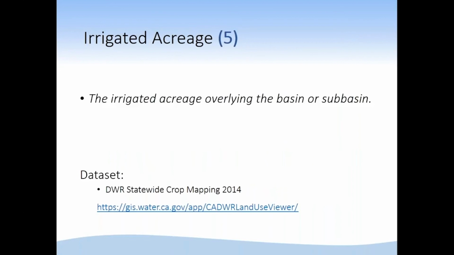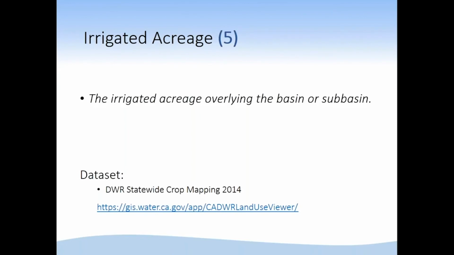Irrigated acreage. We worked with Land IQ and we developed, well, let's step back a little bit further. Back in 2014, we used basically exclusively DWR surveys for all the land use. But they don't cover the same year. They are over a span of years across the state. So it was really difficult for us to get a more accurate, consistent snapshot so that we can do a fair assessment across all 517 basins.